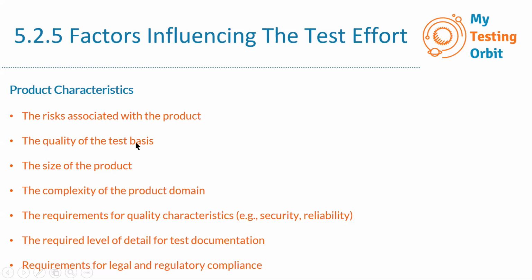The test basis can be the requirements, the code, etc. Then the size of the product, the complexity of the product domain, and the requirements for quality characteristics, for example, security and reliability. The next ones are the required level of detail for test documentation and requirements for legal and regulatory compliance.